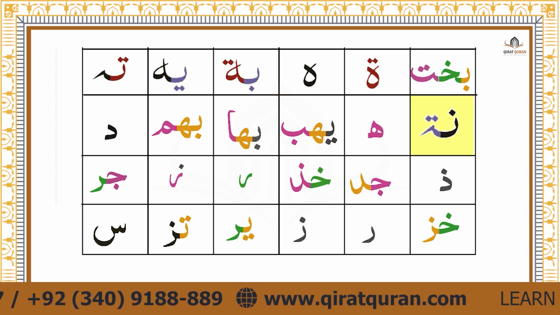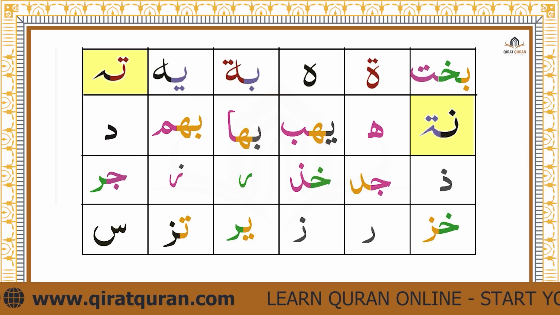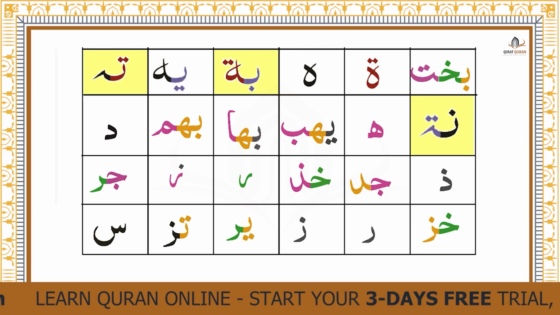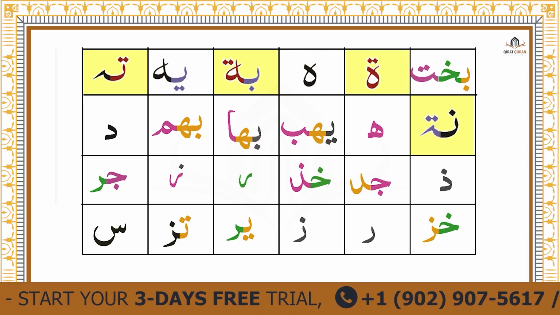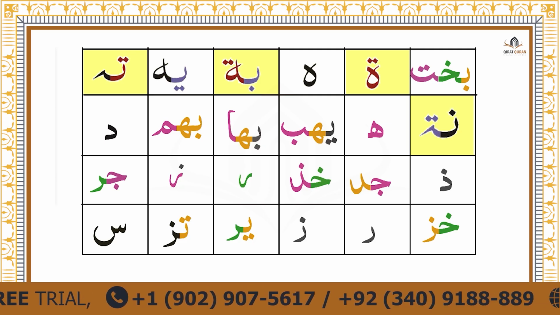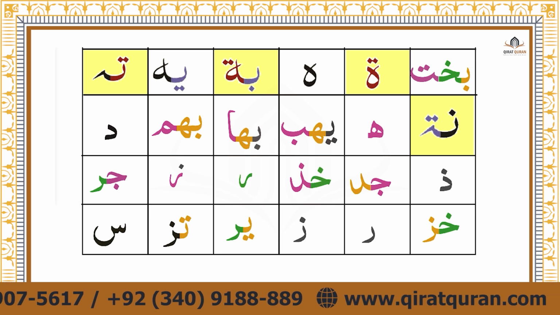So all these are Tas. This one, the first letter in these two, is Ta. The second letter here, the brown one, is Ta. And this one is also Ta. So there are different styles of writing Ta when it connects with any other letter. Okay? So all these are Tas.